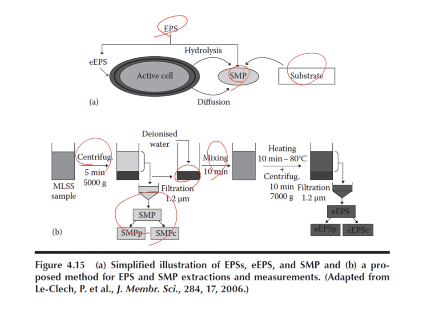It is resuspended, then treated by heat, and again we do some centrifugation and filtration using a 1.2 micrometer filter. Then we have the EPS samples for further analysis of EPS.